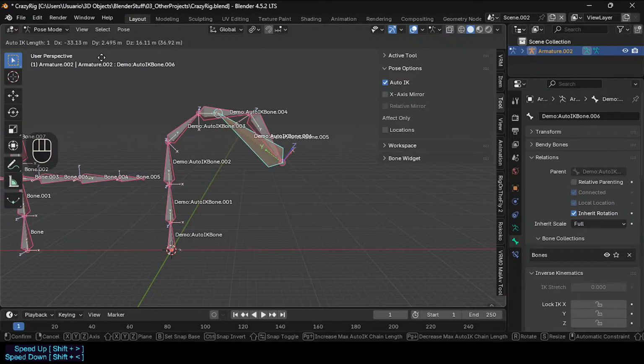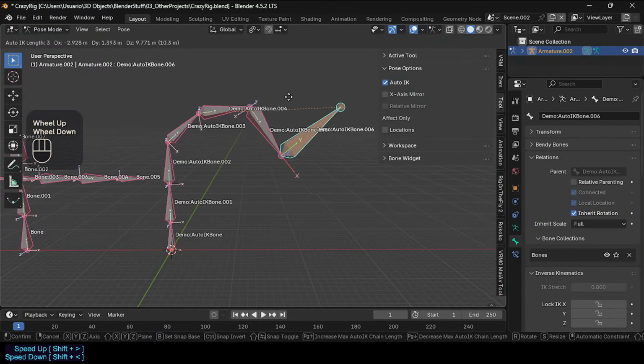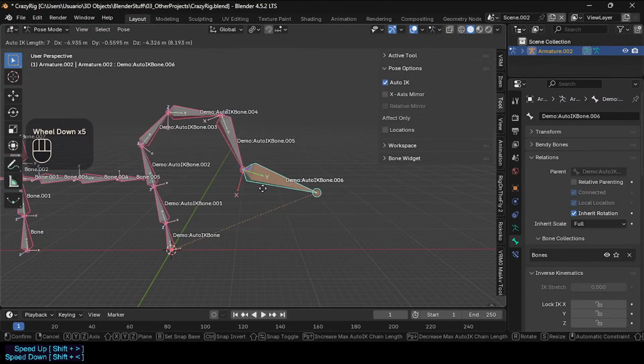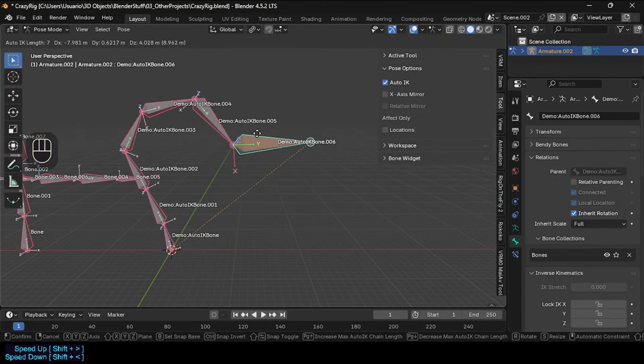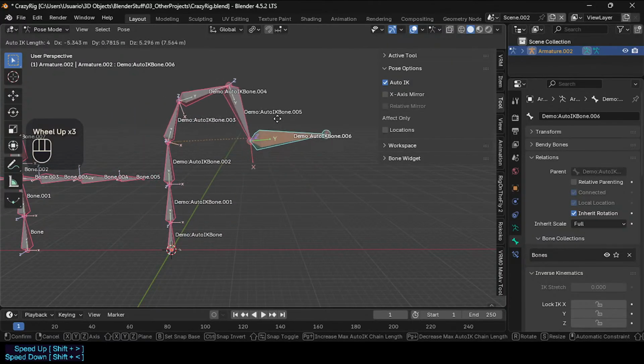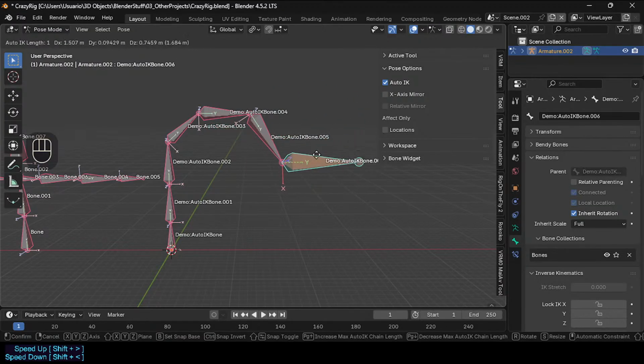This is the length of the IK chain for the Auto IK option when it is on. We can adjust this on demand by just scrolling. You see the parenting dashed line is there, so you can change this on demand. Here I have an Auto IK length of 1, so it's just the bone itself, right?